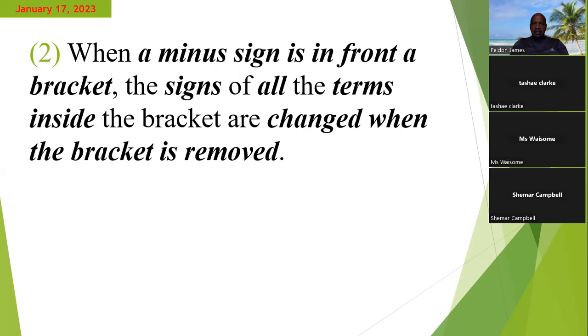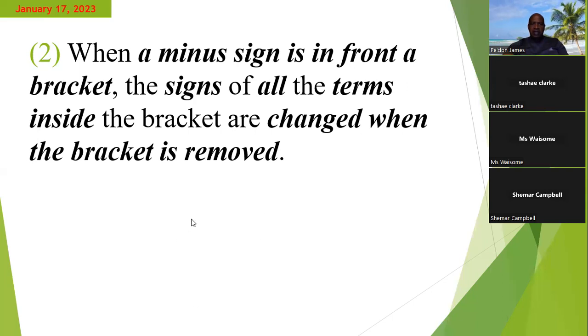So that's what this is saying. So once you are multiplying distributively by a negative value, the sign of the values inside will change to their opposites once you have done the distribution and multiplying out. All right. So that's rule number two.